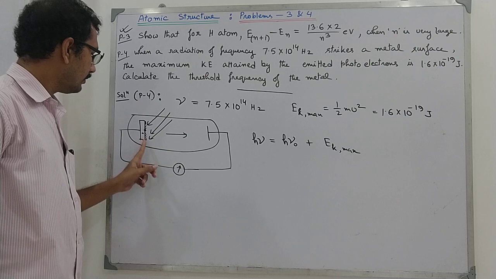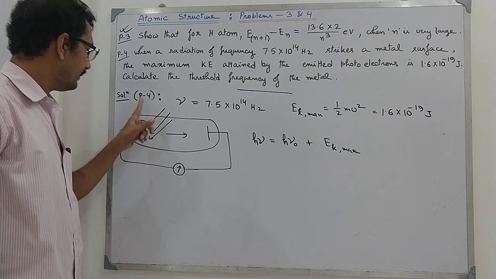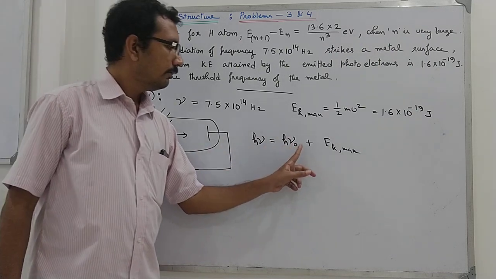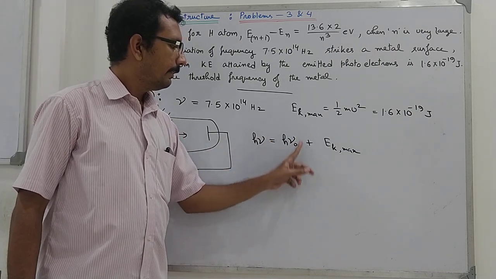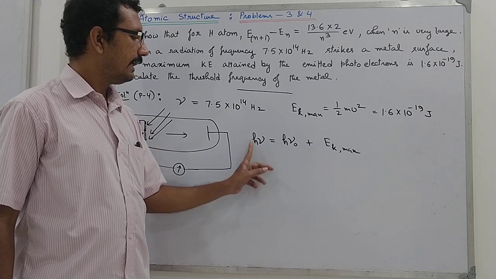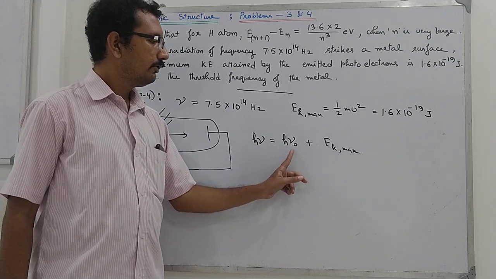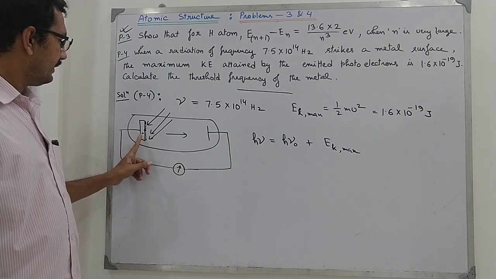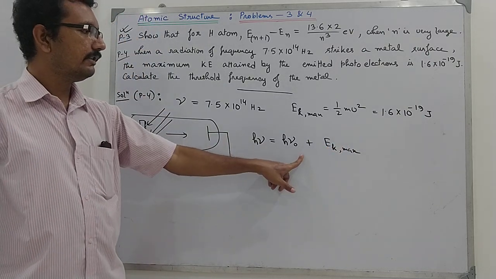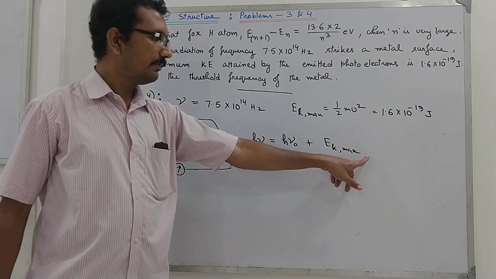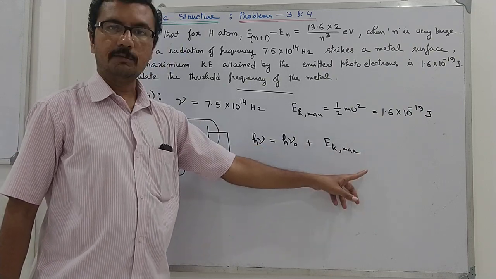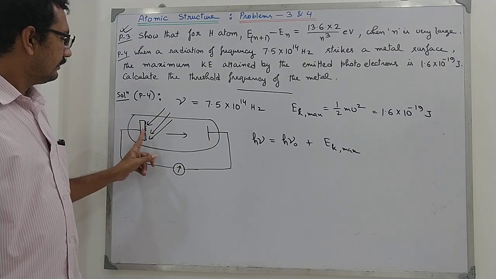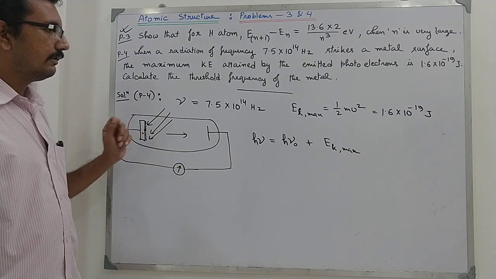So the electrons which originate from the surface only will have the balance energy, that is h nu minus h nu 0, to be expended in kinetic energy. For the deep seated electrons we cannot write such an equation, since there must be some additional term here, and that will not be kinetic energy maximum. It will have a kinetic energy less than the electrons which are placed at the surface.